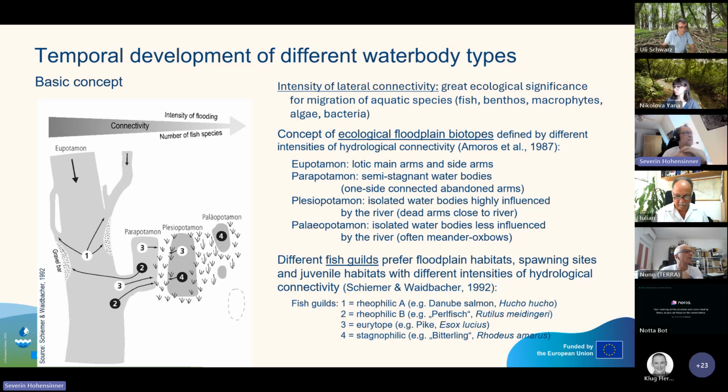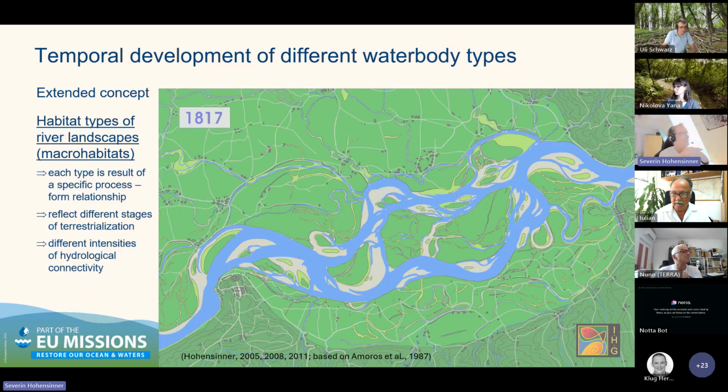And we extended the concept for habitat types of riverine landscapes, which means each habitat type or biotope is the result of a specific process and form relationship.